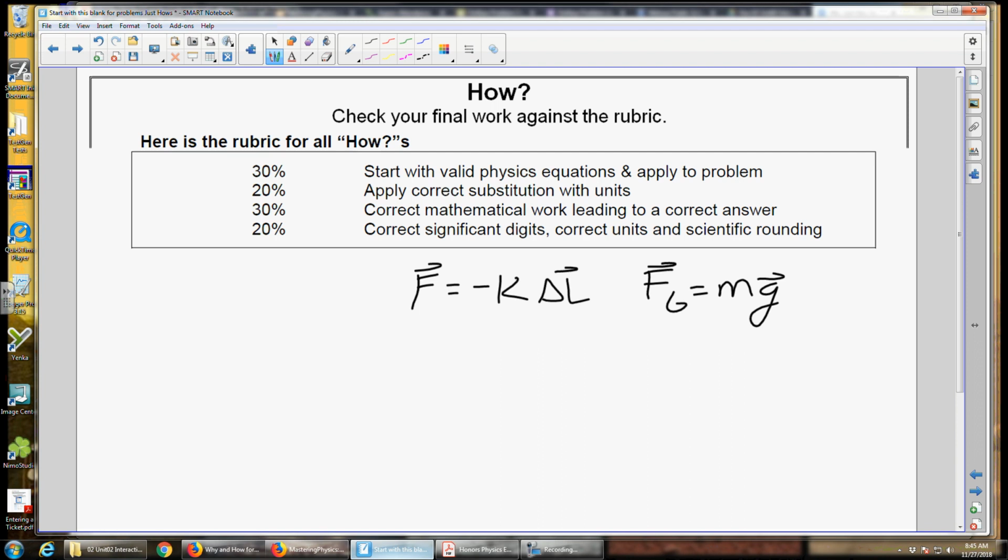And just remember that negative is to indicate that the stretch and the force are going to be in opposite directions, but we've kind of taken care of that in our force diagram.